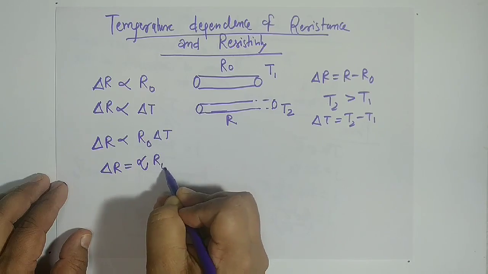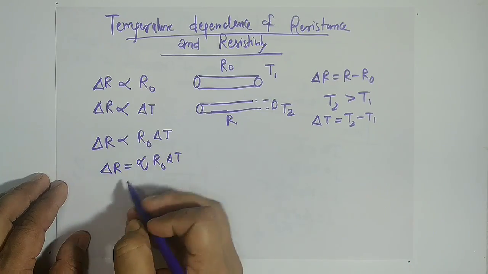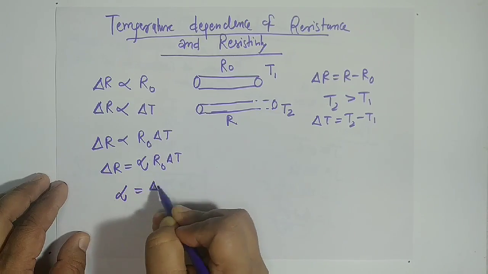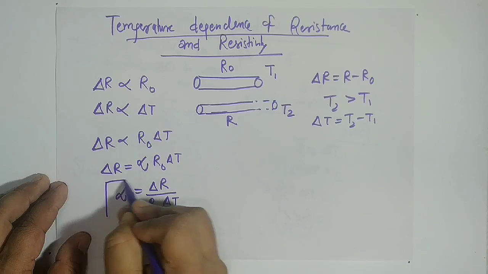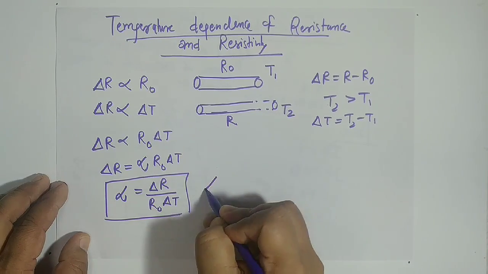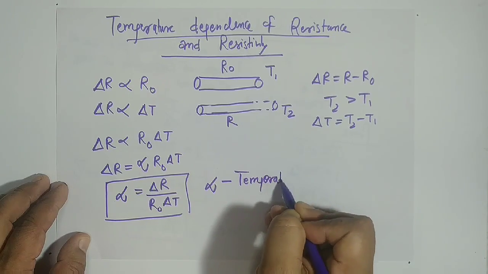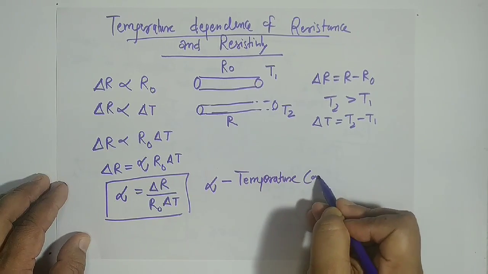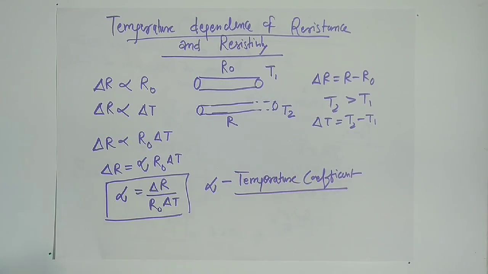You remember linear expansion, it is just like that. So delta R is this, and alpha is delta R upon R naught delta T. So this is a very important quantity, and this is known as temperature coefficient. You remember in 11th it is what? Coefficient of linear expansion.